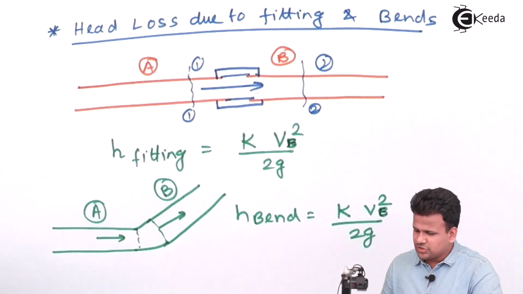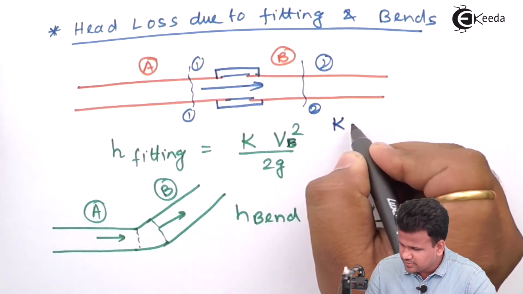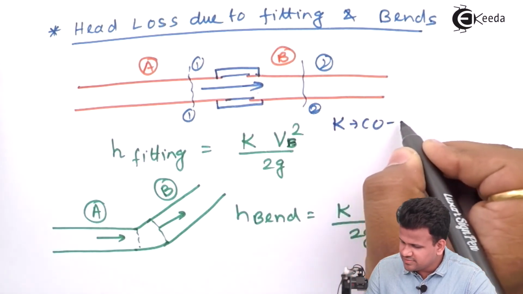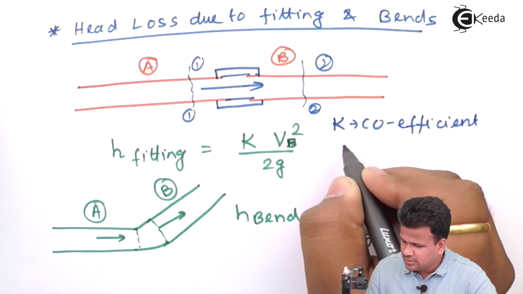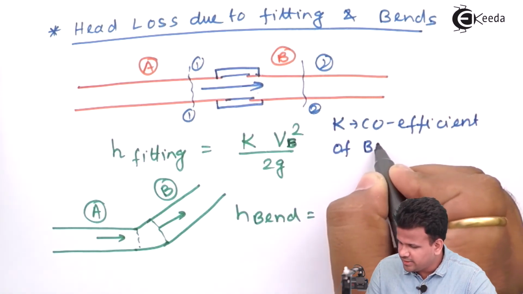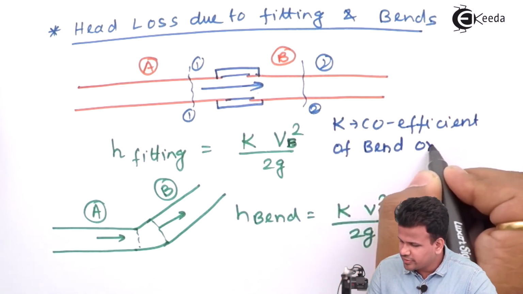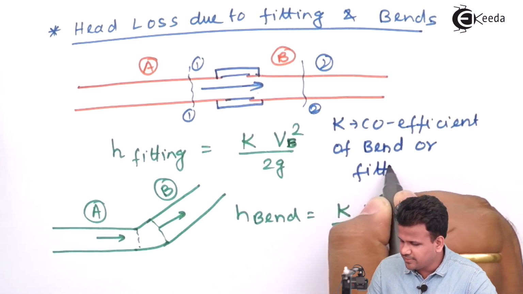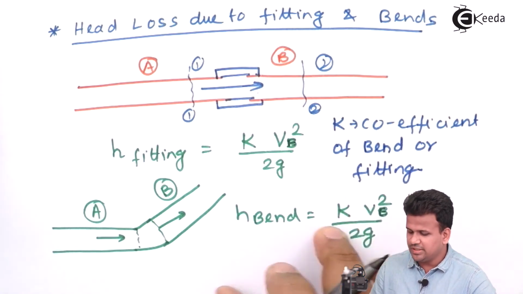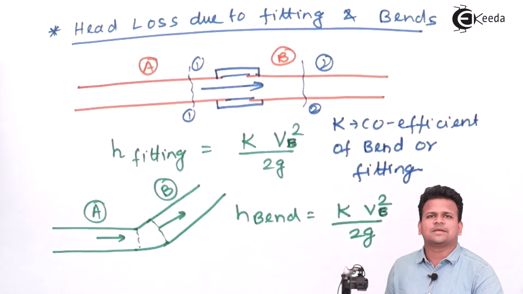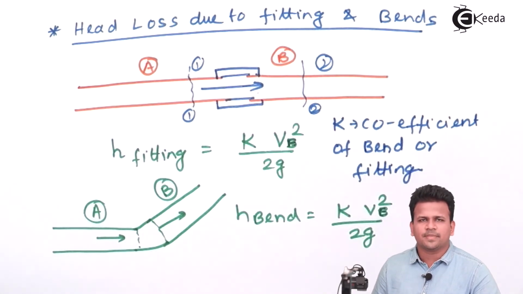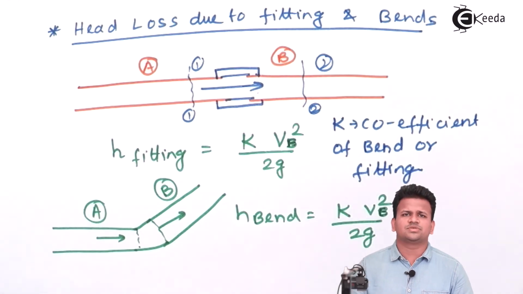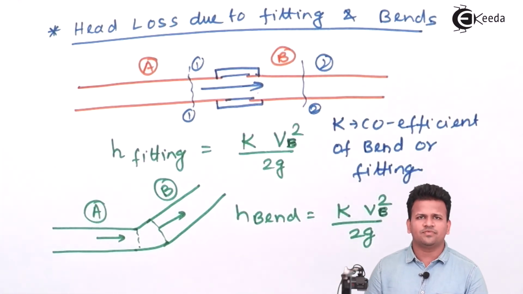Now what is K over there? In both cases, K is called the coefficient of bend or coefficient of fitting. Generally, the values of K are directly given in the problem. I hope you have understood the types of losses.